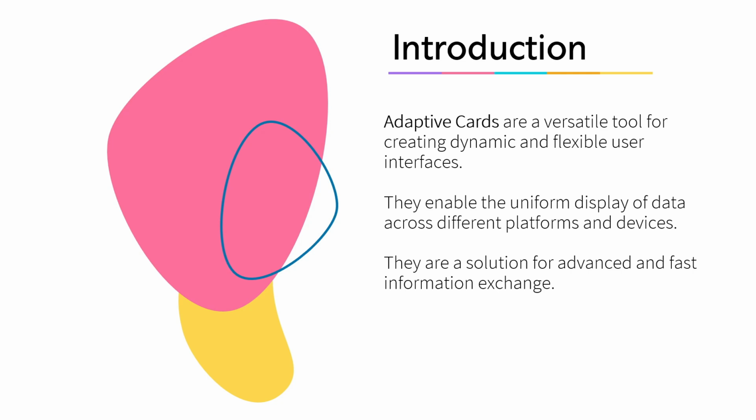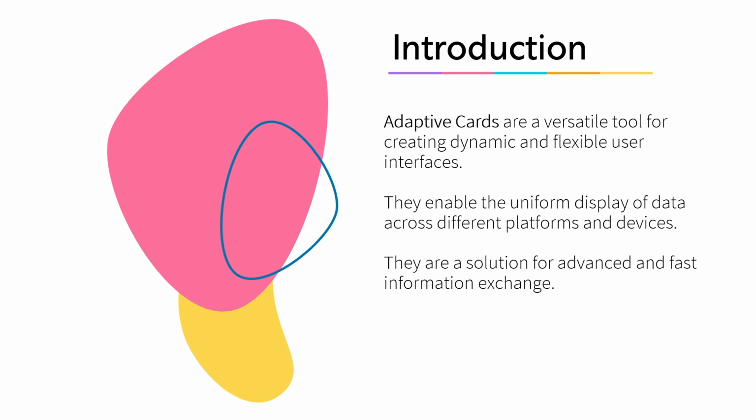Thanks. So, we can start with adaptive cards. Basically, what are adaptive cards? Adaptive cards is an open card exchange format. It's a JSON that you can define to show information to the user in a different way instead of a traditional email, for example. Adaptive cards are a really versatile tool to create dynamic content to show to the user.